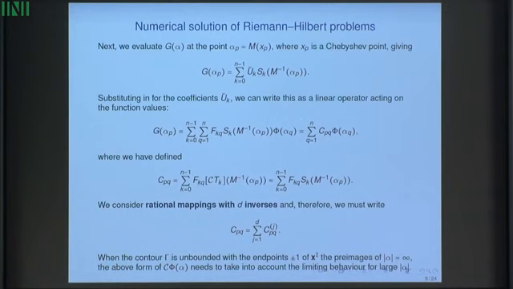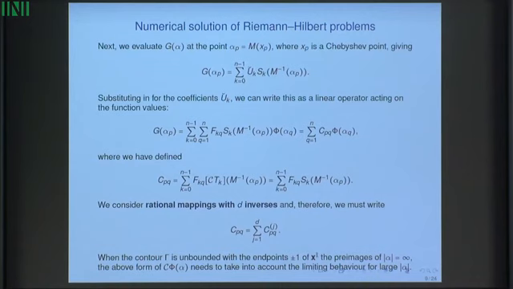Then, doing some analysis, we can find an expression for the Cauchy transforms as a matrix, where alpha q are all those points on the unit interval on the real axis, multiplied by the CPQ matrix, which contains all the Cauchy transforms of the Chebyshev polynomials evaluated at all those points.